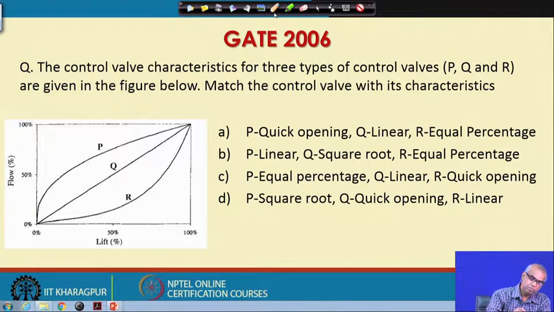If you remember, P is quick opening, Q is linear and R is equal percentage.